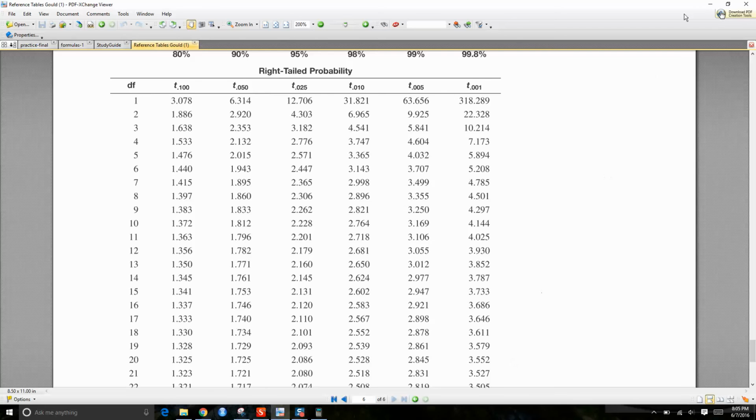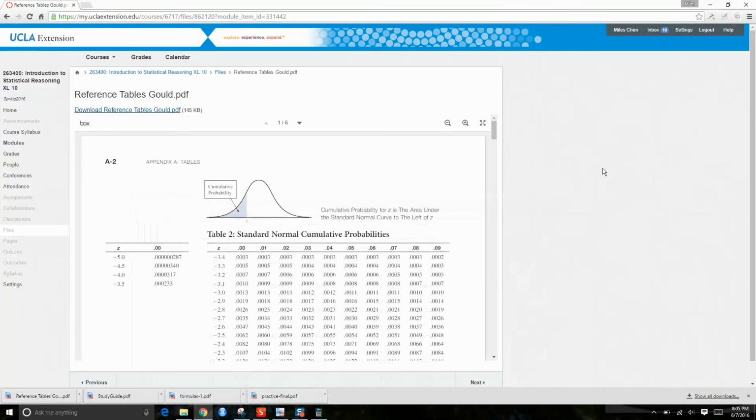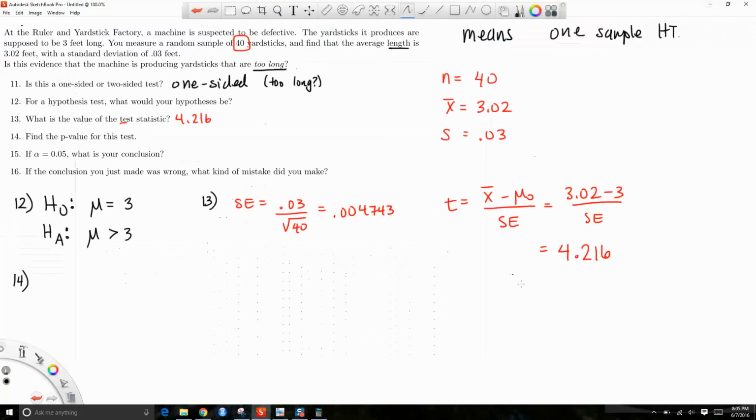So 4.216 is to the right of the last value in the row.